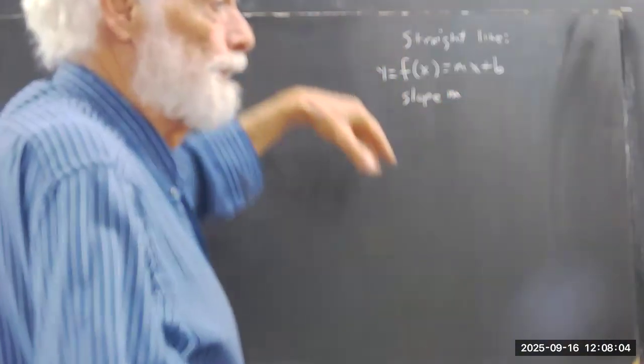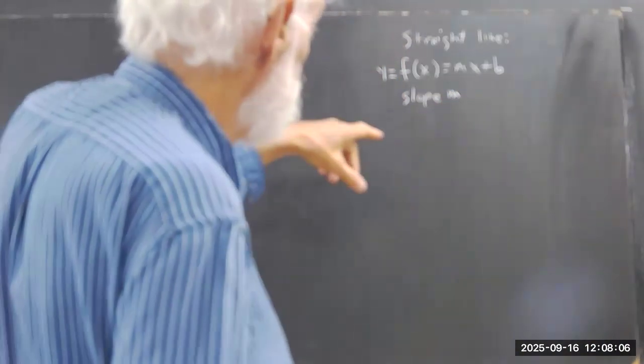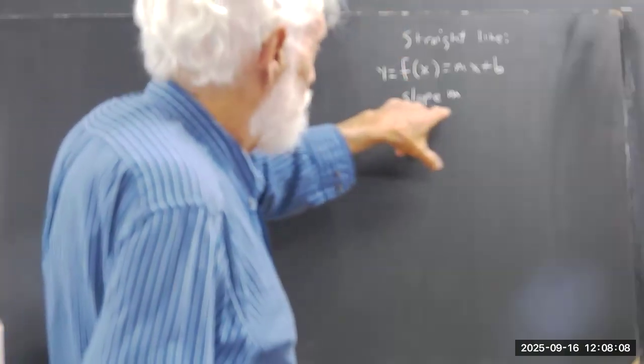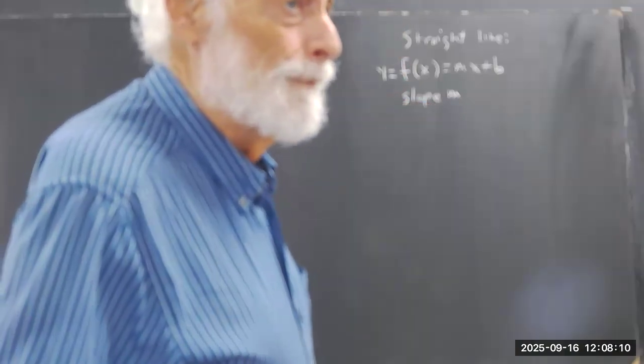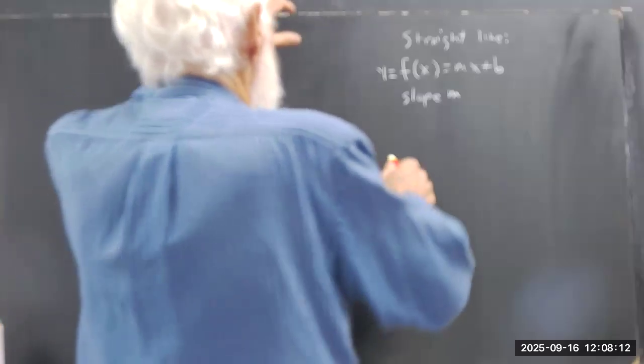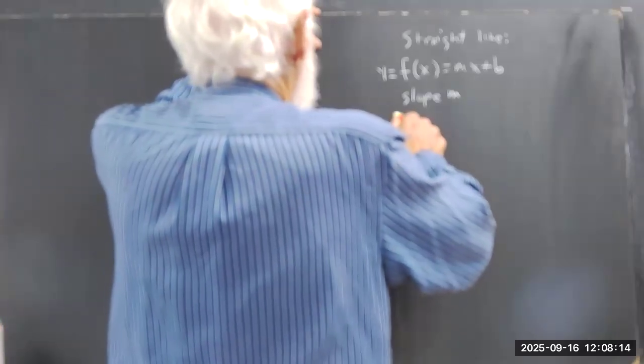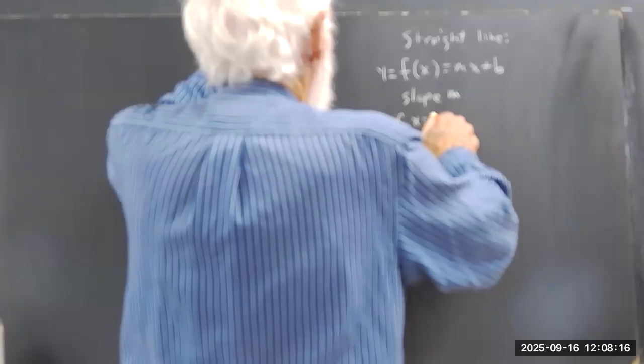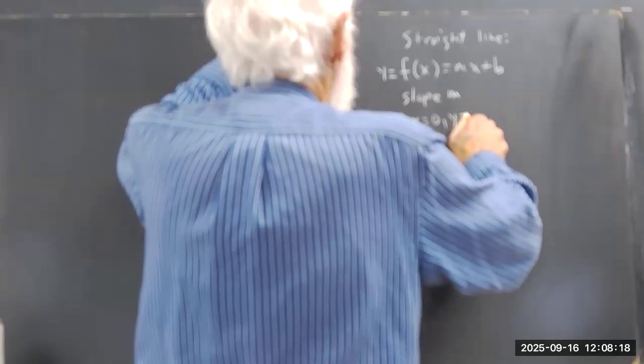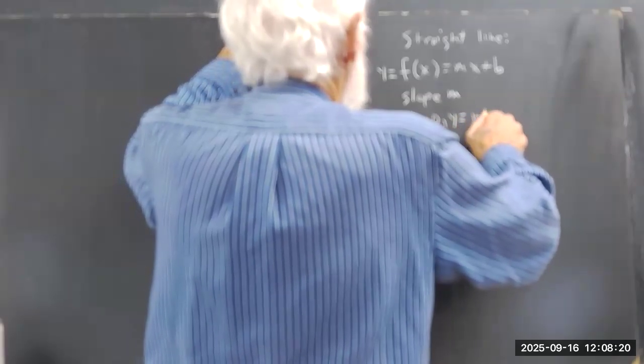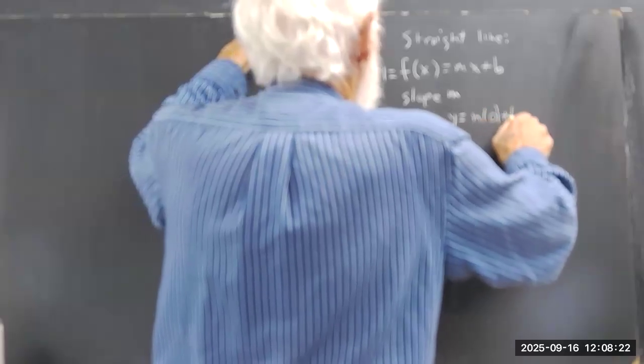I don't necessarily expect you to understand what I just said, because of the way I said it, not writing it, but the slope is m, and if x equals 0, y equals b.